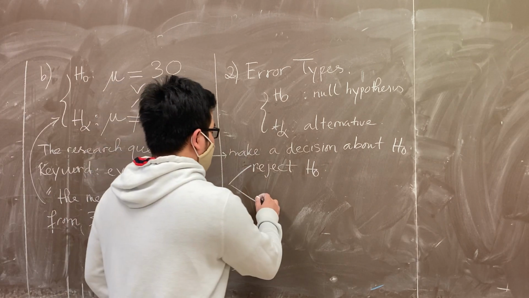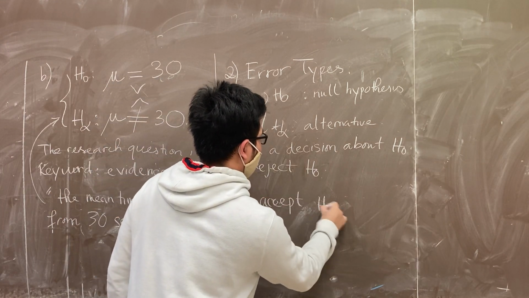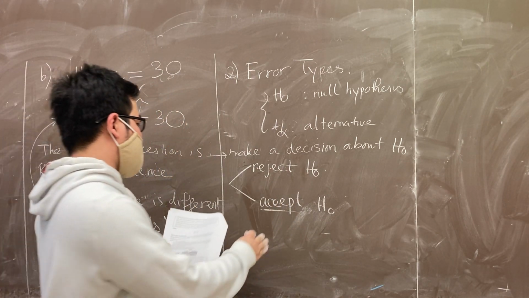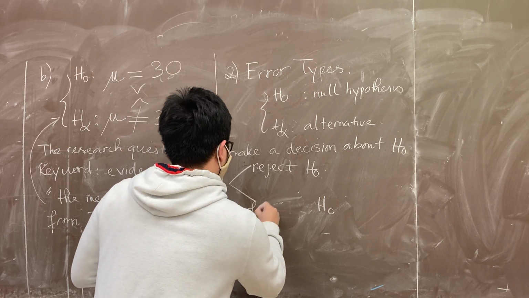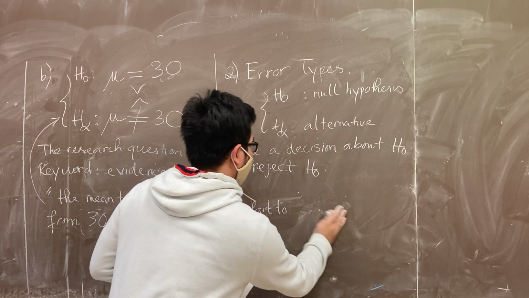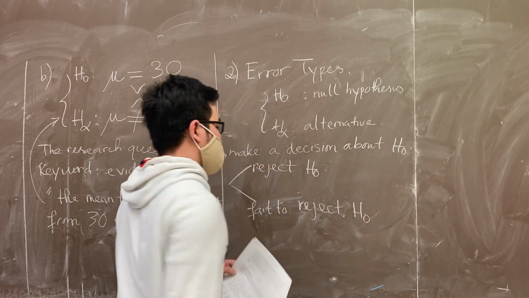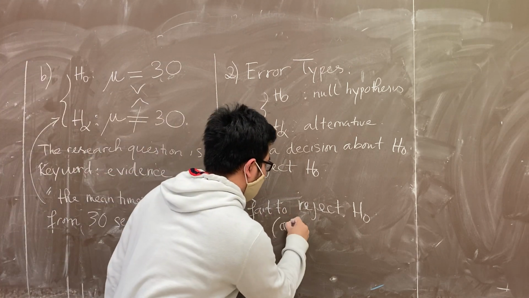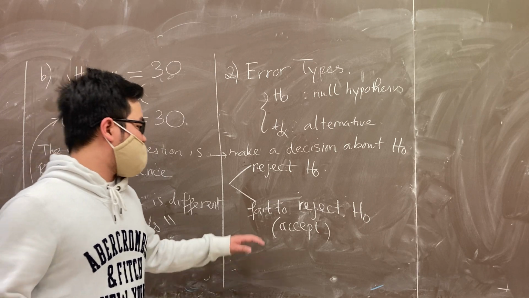And the second one, we will accept H0. Not accept, in this case, they will not use the word accept. They will use words like fail to reject H0. Some textbooks use accept, but some textbooks don't use accept.